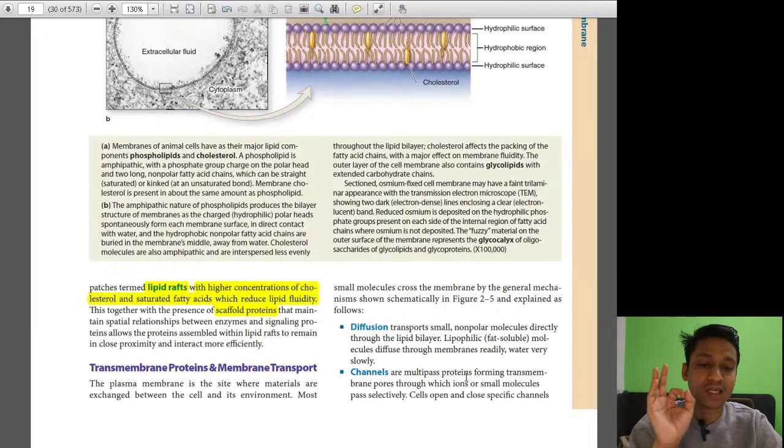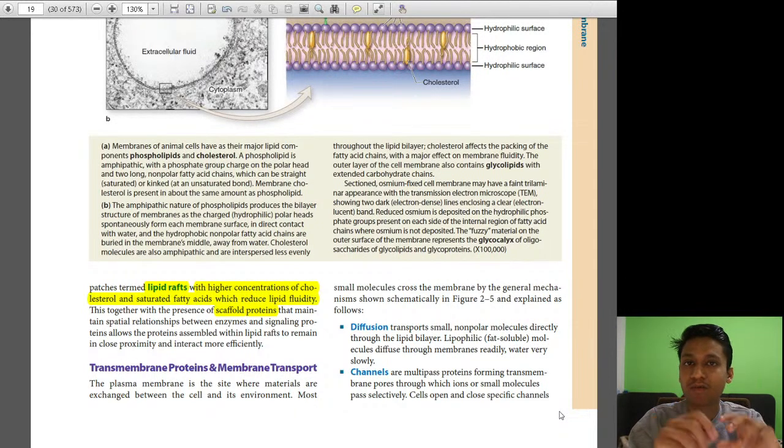Channels are multipass proteins forming transmembrane pores through which ions or small molecules pass selectively. So channels, we are going to study in much detail later. Sorry, we will study junctions in much detail, but junctions are some type of channels only. So channels are multipass proteins. We remember in the last minute we read about multipass proteins.